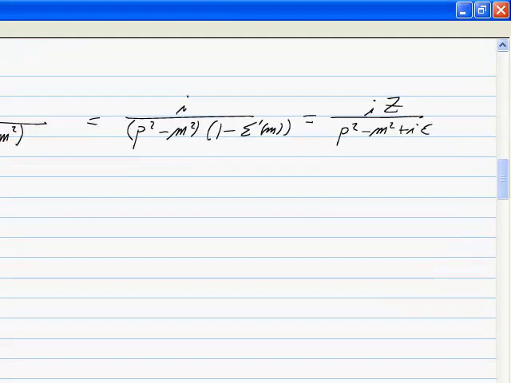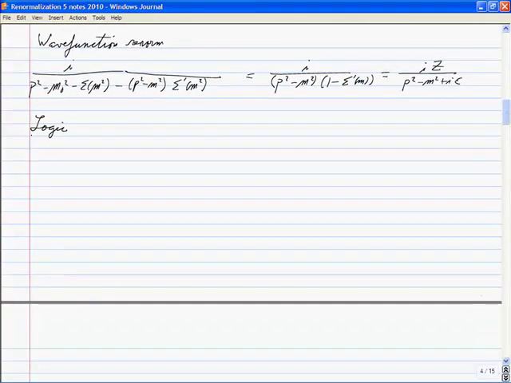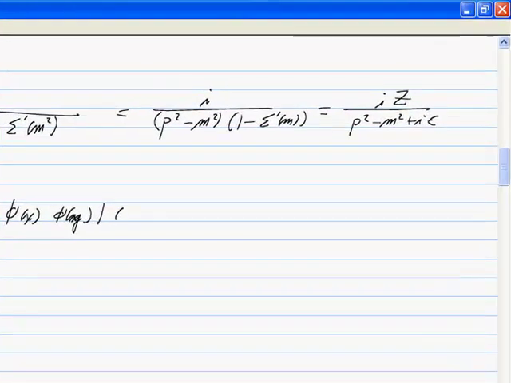The logic of wave function renormalization goes back to things that we did early on. Remember, we defined the propagator as the vacuum expectation of the time-ordered product of phi at x and phi at y.